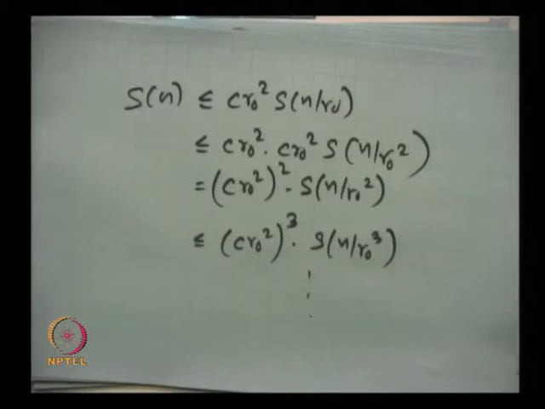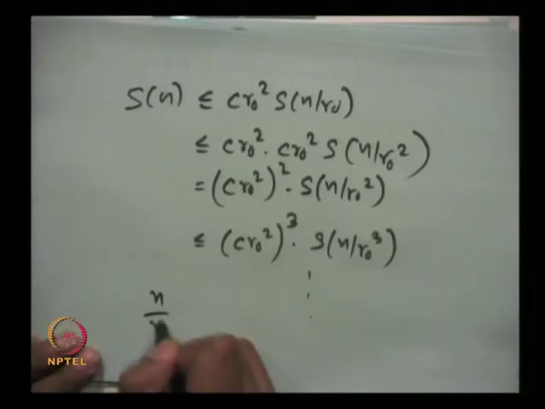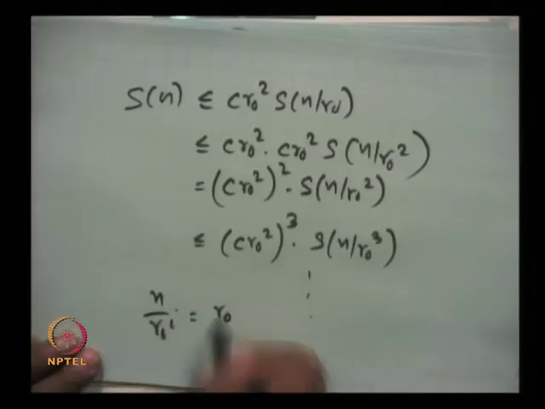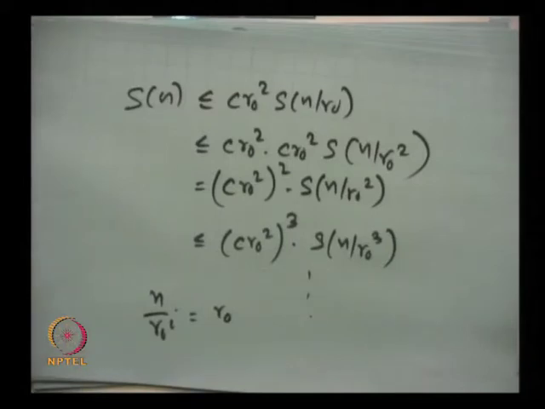Now, when does the recurrence stop? When n over R0 to the I becomes R0, or if you want to say maybe 1.